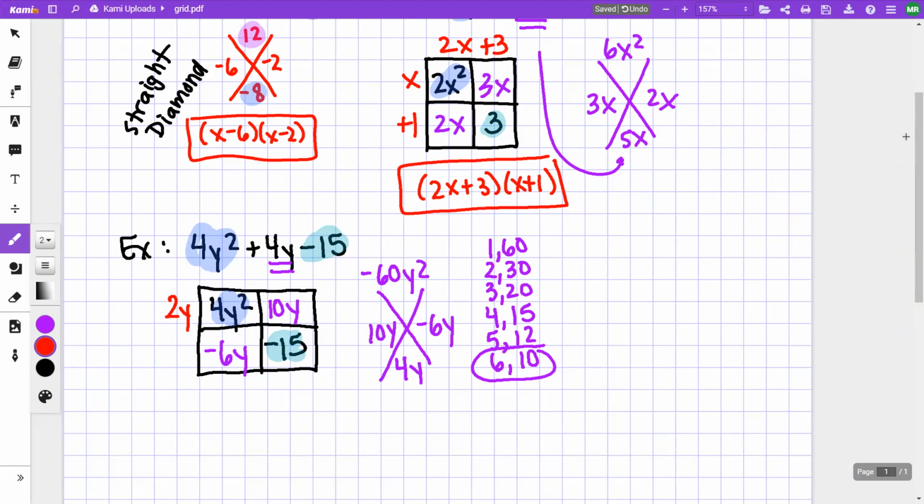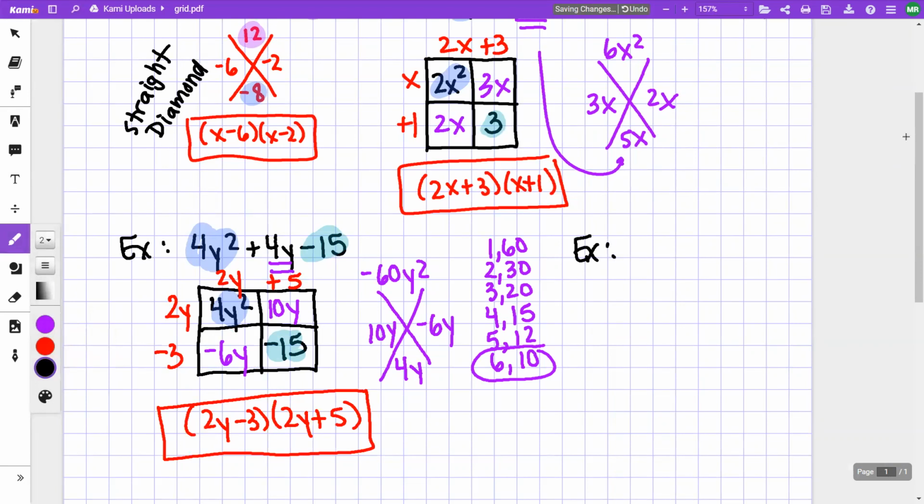So I'm going to have a 2y and a 2y. 2y times a positive 5 will get the 10y. 2y times a negative 3 will get the negative 6y. And so my factors are going to be 2y minus 3 and 2y plus 5. Those are our answers.